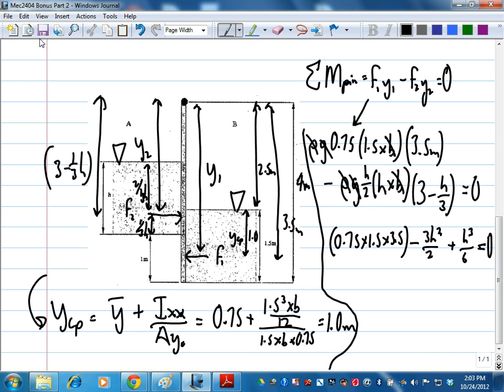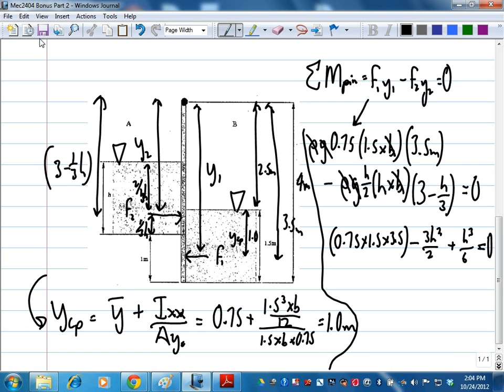Are there any questions or issues with that? Yeah. To calculate the magnitude of the force, you use the pressure at the centroid of the gate. To find where that force acts, then you use the center of pressure.